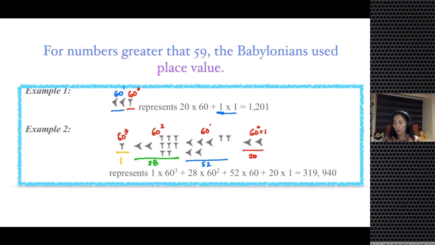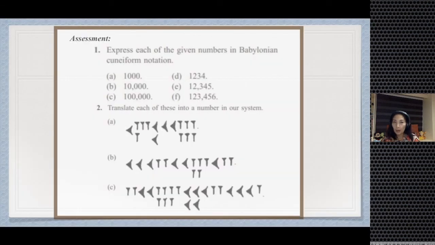So now we have 1 times 60 to the third plus 28 times 60 squared plus 52 times 60 plus 20 times 1, which is equal to 319,904.